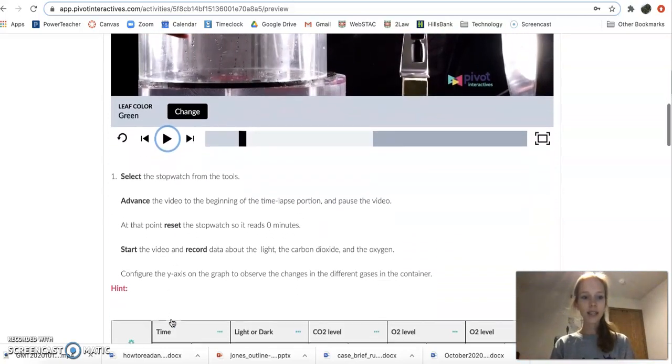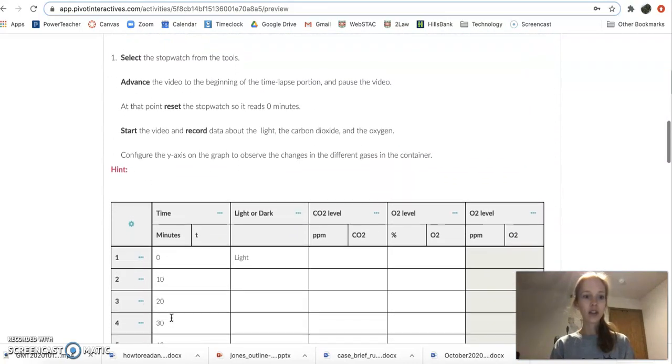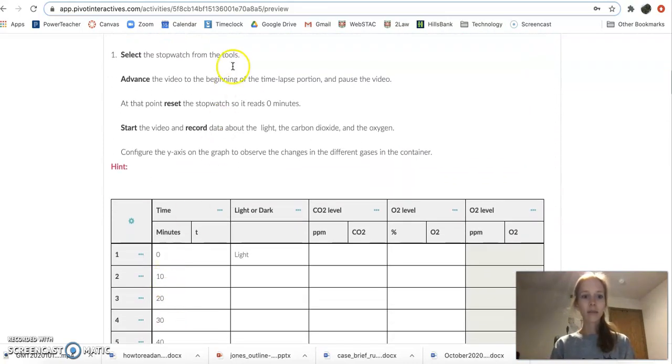And the first piece down here is our instructions tell us, select your stopwatch, did that. And then we're going to advance the video to the beginning of the time-lapse portion. That'll make sense. Don't freak out. And then we're going to reset our stopwatch so that it reads 0.